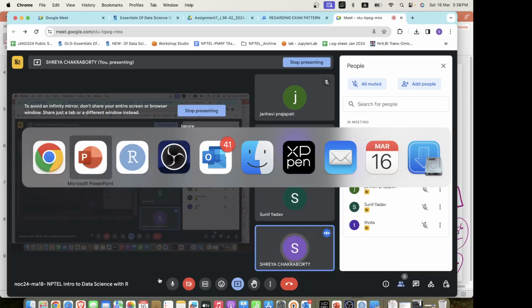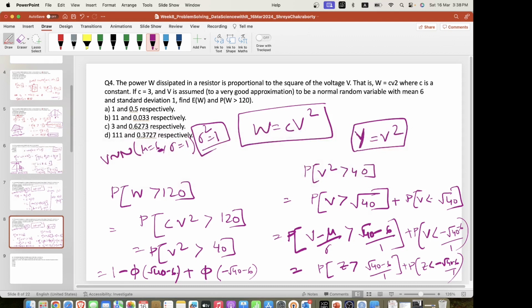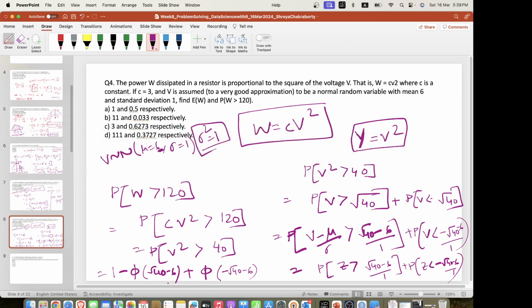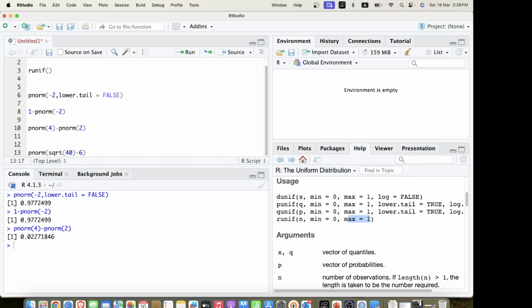So we'll just calculate what it comes to. We wanted this part, 1 minus this thing, right? So directly, I will go p norm. SQRT is the function for square root. So SQRT 40 minus 6, and I am going to give lower dot tail equal to false.